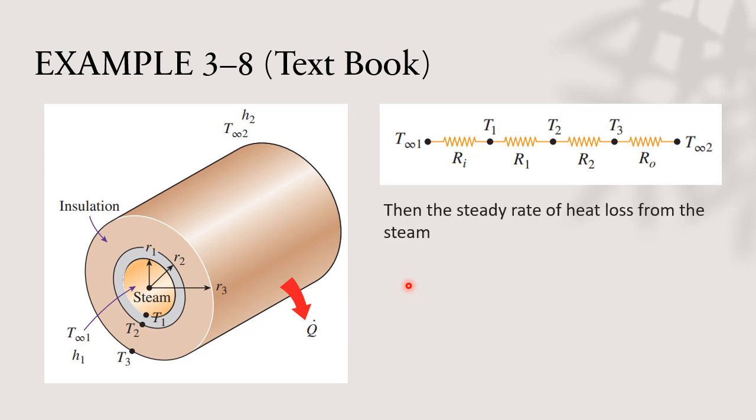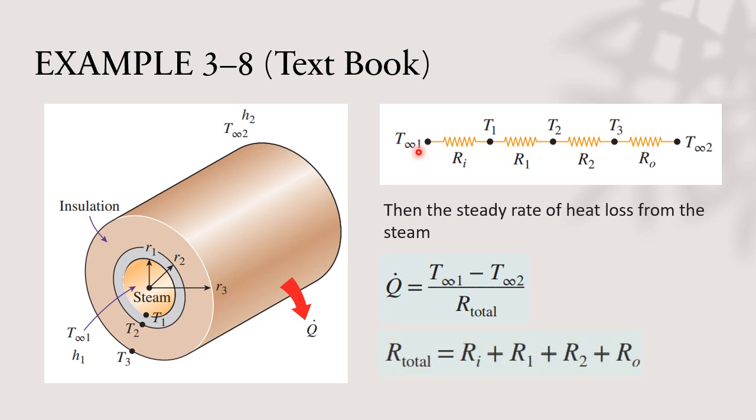Then the steady rate of heat loss from the steam that we want to calculate can be calculated using this equation: Q dot equals T infinity 1 minus T infinity 2 over R total, or total thermal resistance. In the question we know T infinity 1 and T infinity 2, but we don't know R total, so we have to calculate R total.